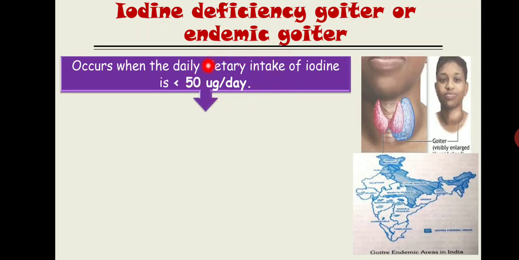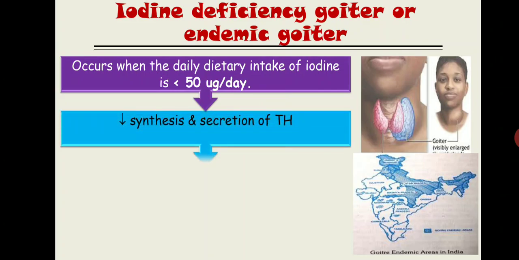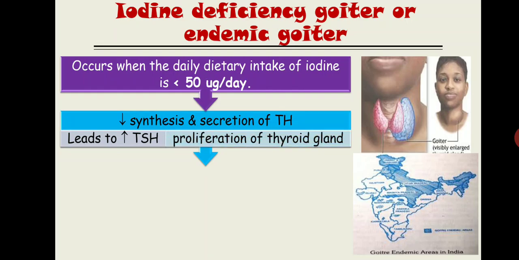In some other books it is written as less than 100 to 200 microgram per day, but we stick to Guyton because it is the recent edition. This ultimately leads to decreased synthesis and secretion of thyroid hormone, which leads to increased TSH level. And this TSH has a trophic action over the thyroid gland. It leads to proliferation of the thyroid gland.